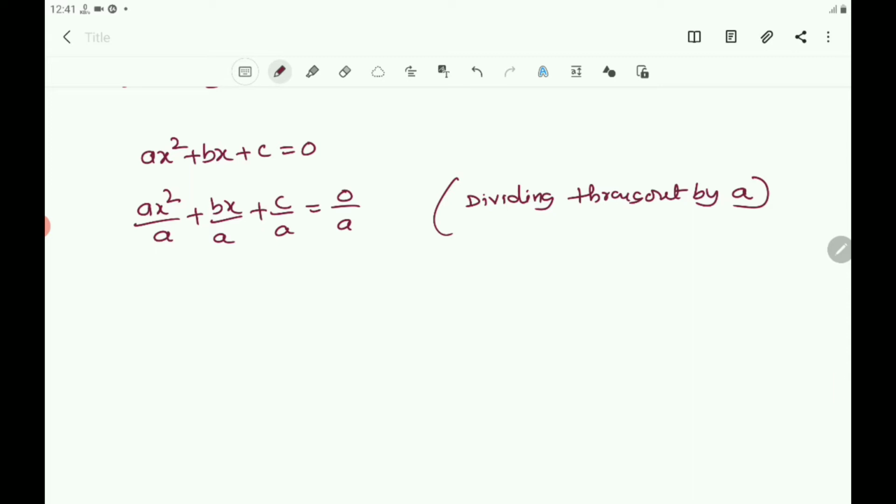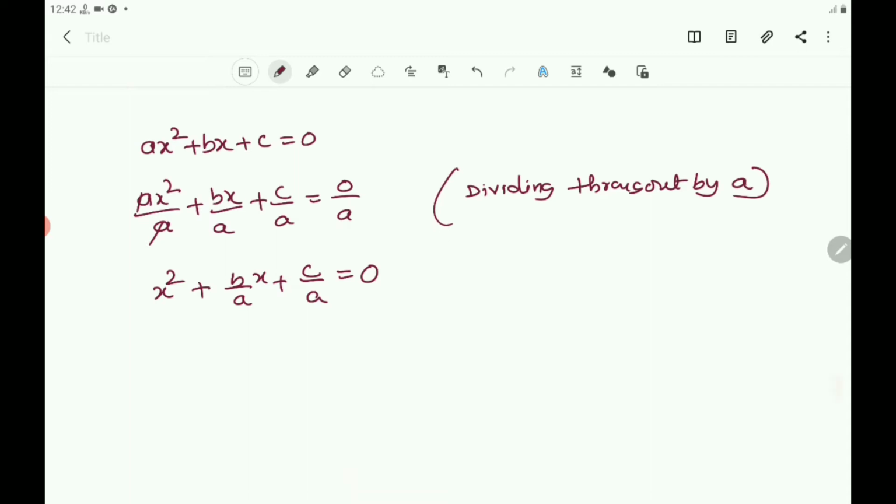Here we have to get the form of x plus y the whole square. Expansion of x plus y the whole square we have to take. Then a cancels, x square will remain, plus b by a x plus c by a equals 0.